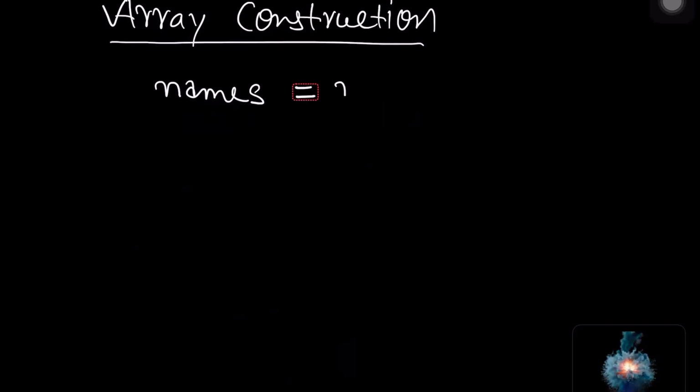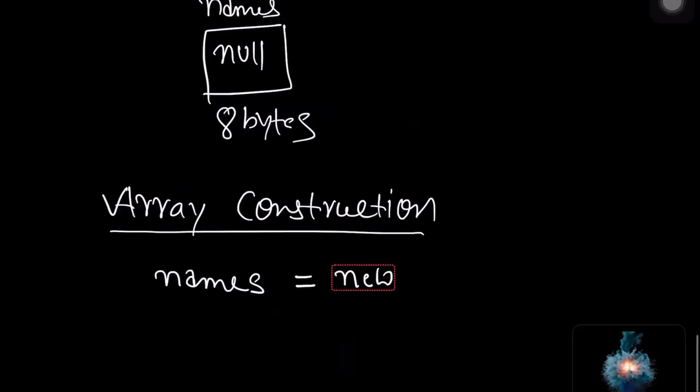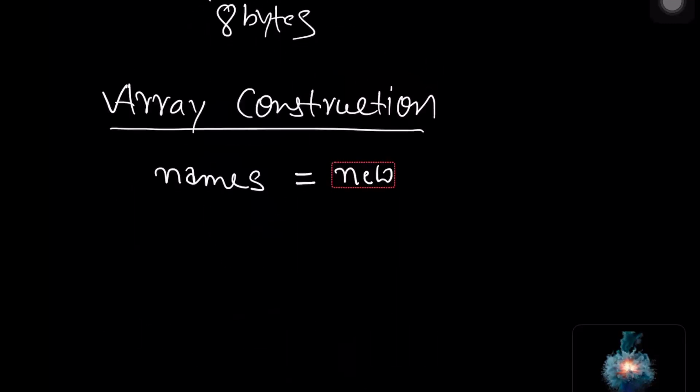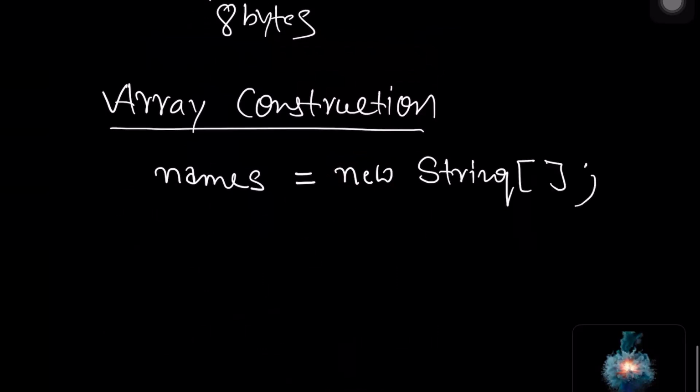So you have to use new operator, and then, which type is names? This is string type, right? So we have to mention String here. And then you have to mention the size, which size of array you want to create.